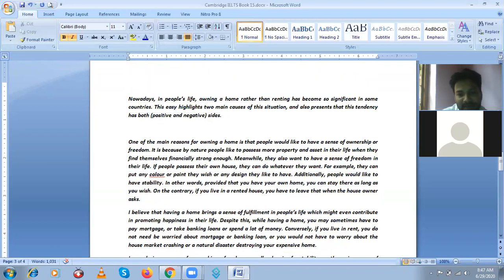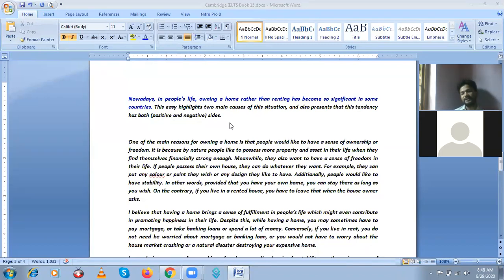Nowadays, in people's life, owning a home rather than renting has become so significant in some countries. This is exactly the question that we have paraphrased. And the second is the outline sentence. This essay highlights two main causes of this situation, and also presents that this tendency has both negative and positive sides.